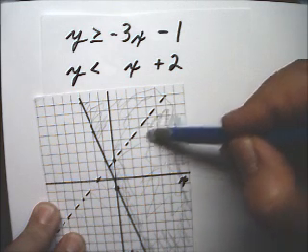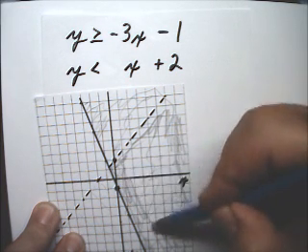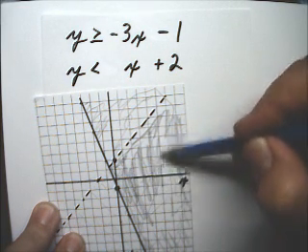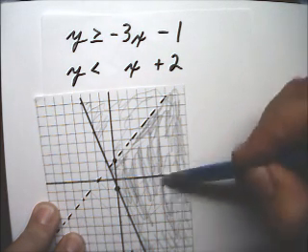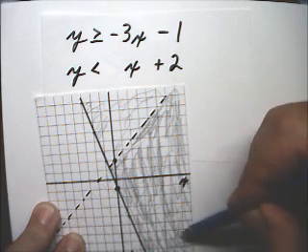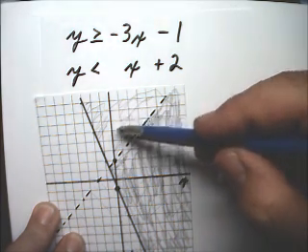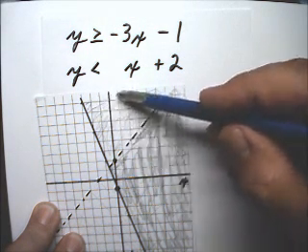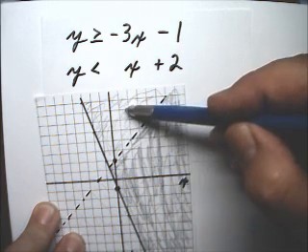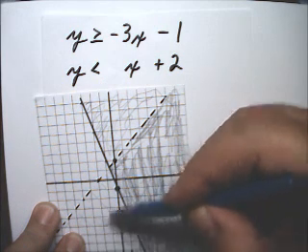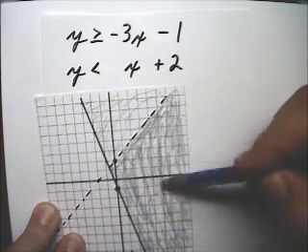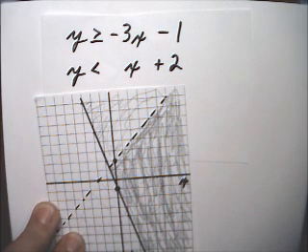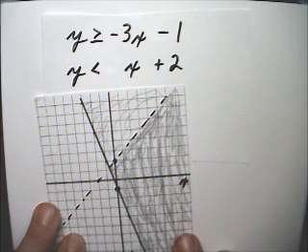So what I'm shading right now is for both, and I'm shading it a little bit heavier so that we can see what the solution is here. This part up here was just shaded once, for this line. And this part that I'm shading heavily is for both lines.